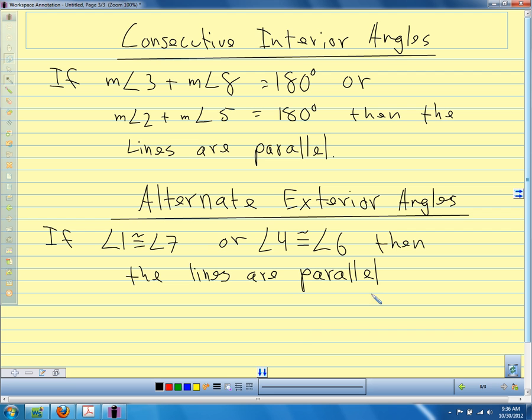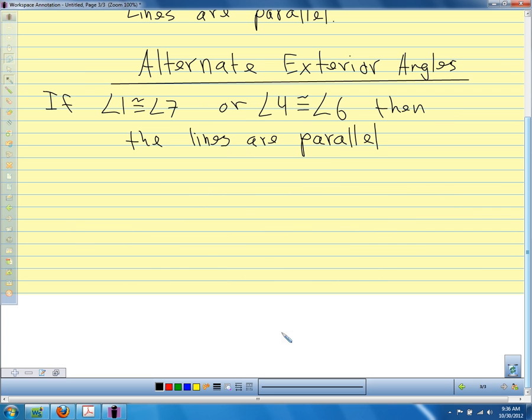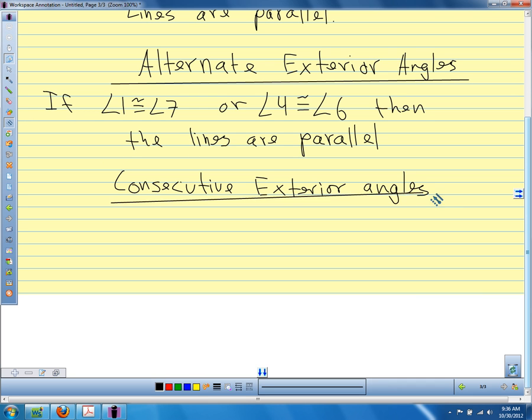Now, they kind of left one out that I want to add in just below alternate exterior angles. I'm going to say consecutive exterior angles. So this can just go below alternate exterior angles. So when lines are parallel, what do we know on the other side of the graphic organizer?